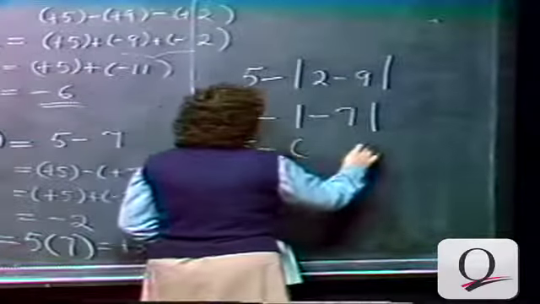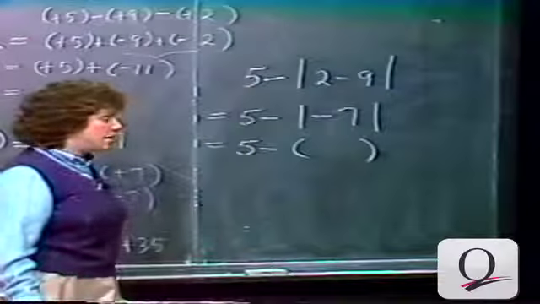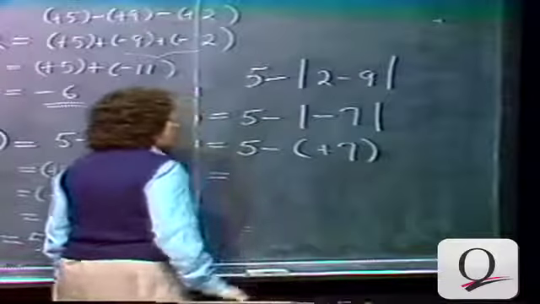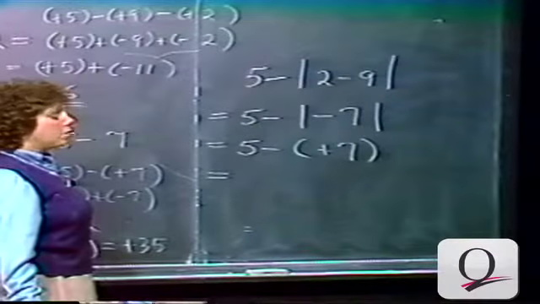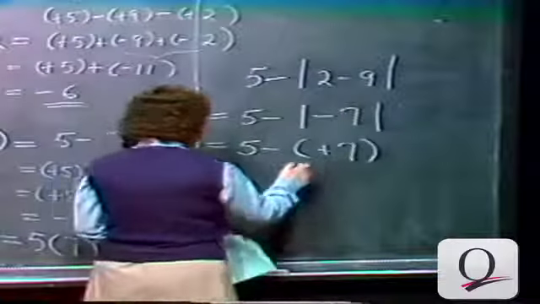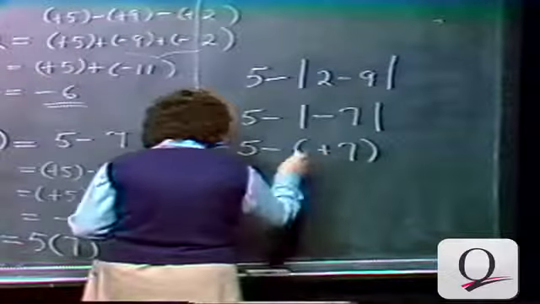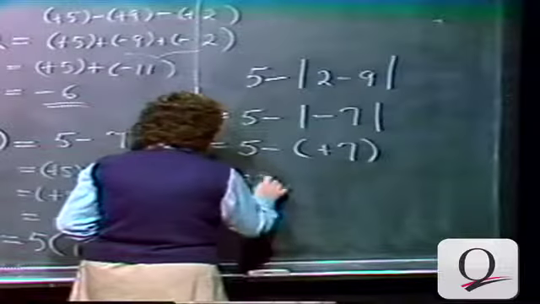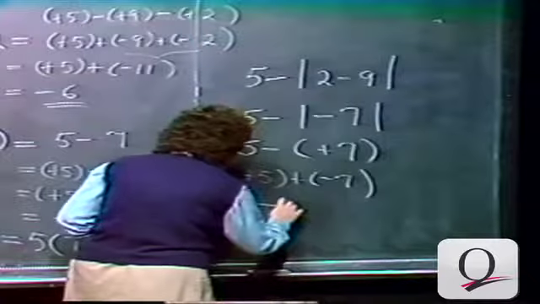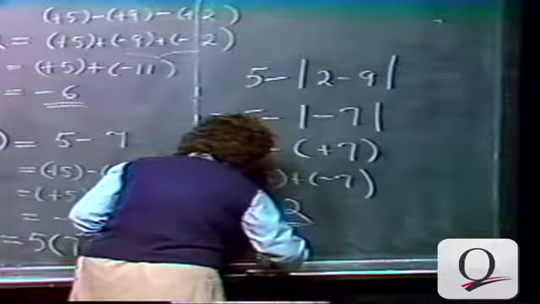Now, the absolute value of -7 is +7. So we have a +5 take away a +7, which is a +5 and a -7, giving us an answer of -2.